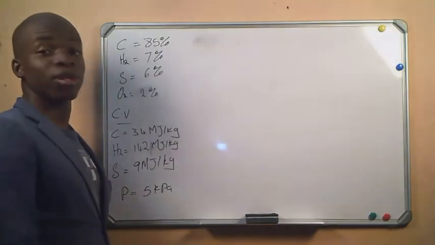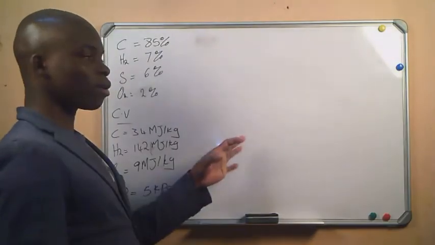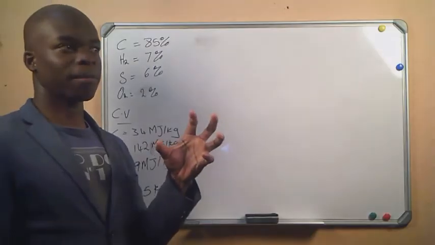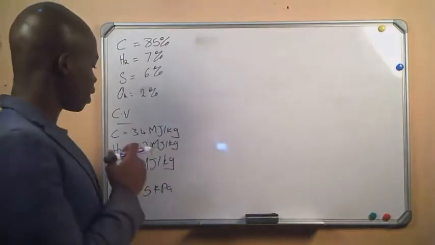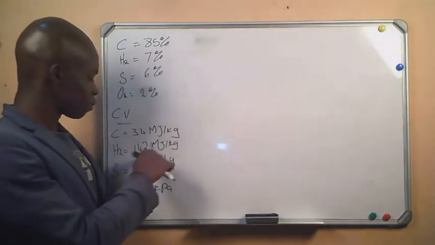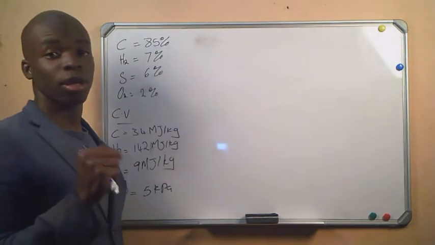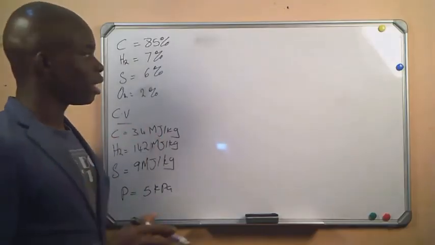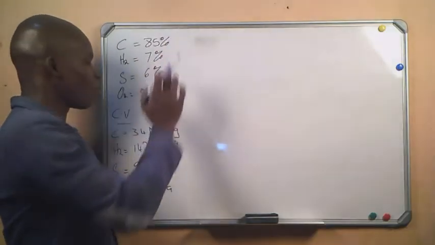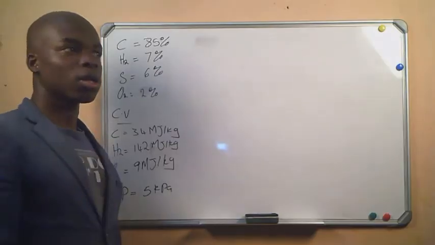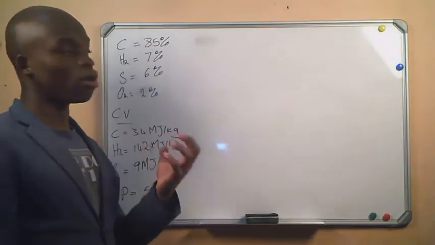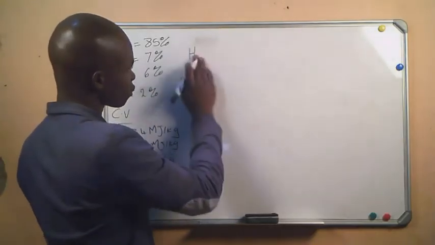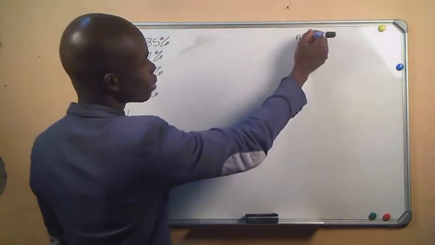Remember, in the previous question we dealt with the calorific value of the fuel as a whole, but now they gave us the calorific values of each molecule found in the fuel separately. Using this analysis, we must get the total calorific value of the fuel.